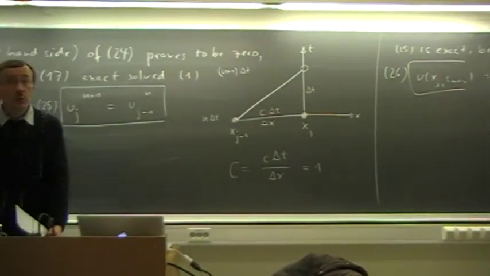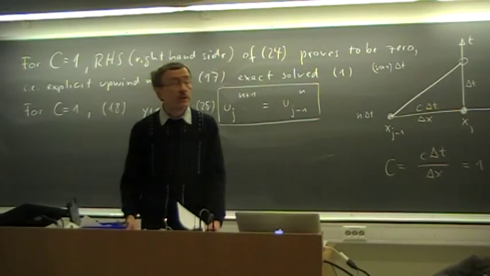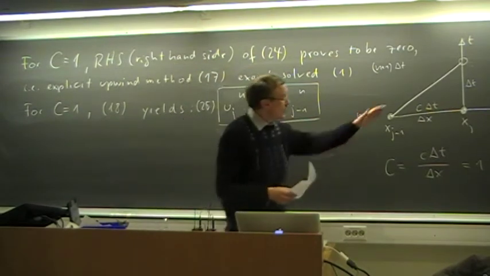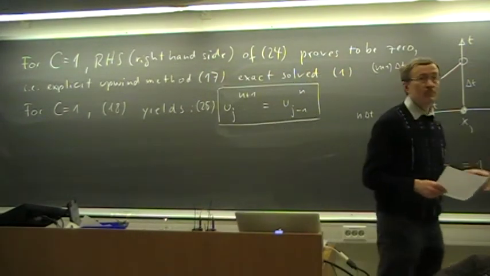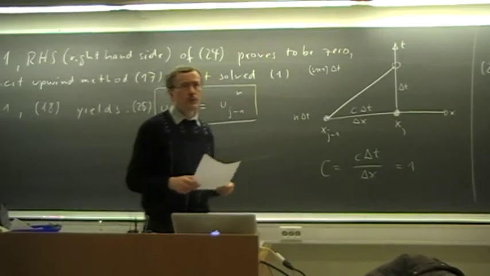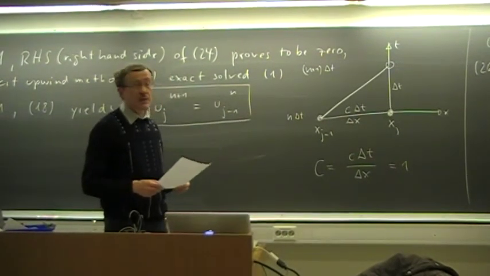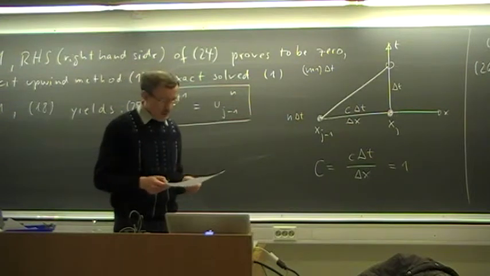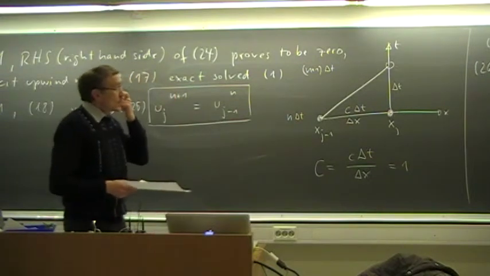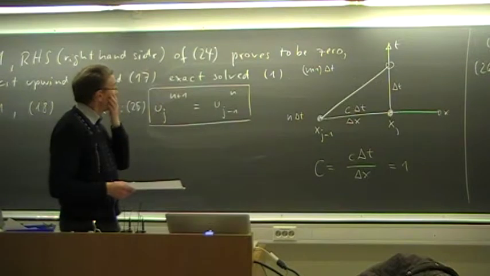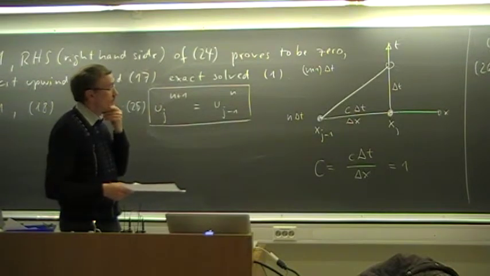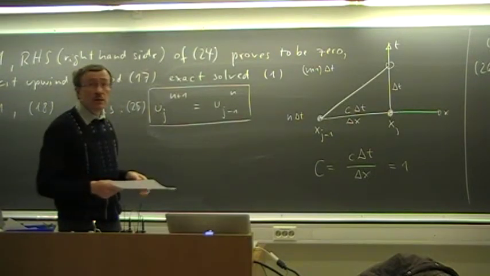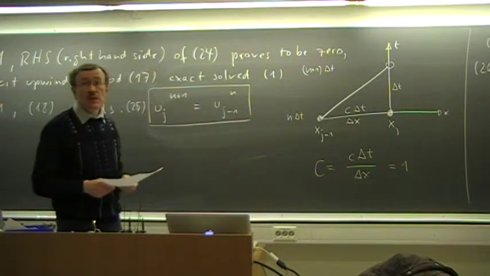Then you can do similar reasoning, but then your characteristic will not go this way, it will go that way. So then you can think how you should choose your c to get the exact solution in that case. So that has given us already some new insight into the explicit upwind method.